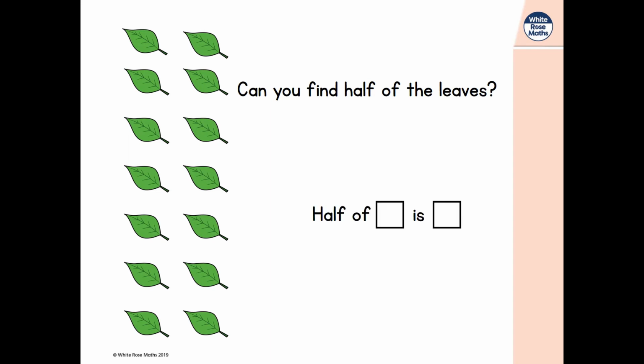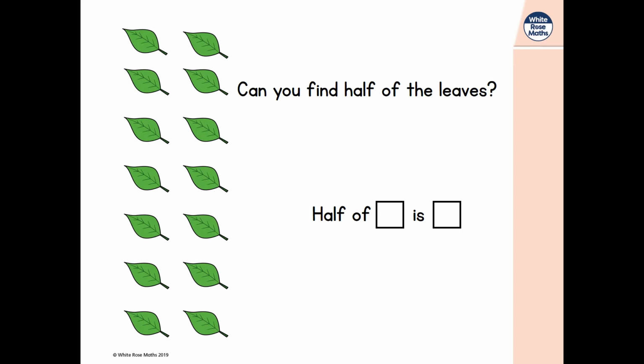Let's try one more. Here are some leaves, and they seem to have fallen nicely into rows and columns. Can you find half of the leaves? First, we need to find out how many leaves do we have, because we want to find half of all the leaves.